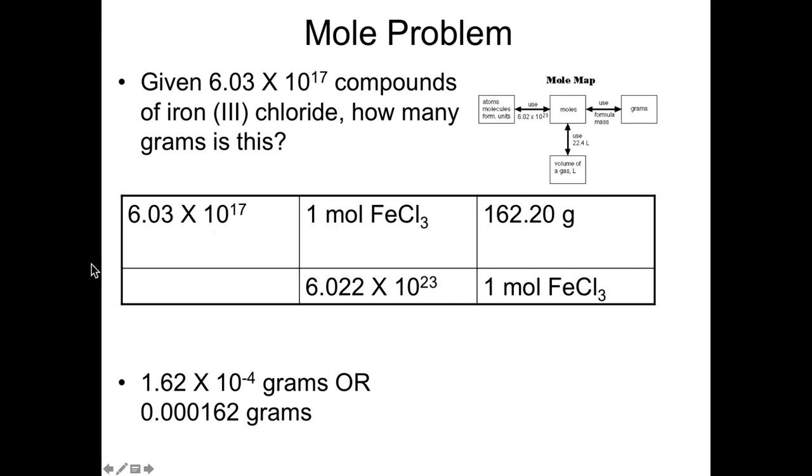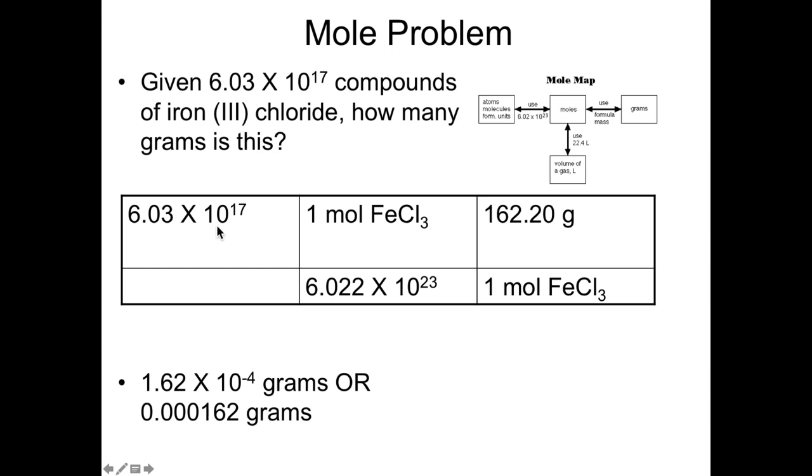Way number 1, enter 6.03 times 10 to the 17th into your calculator. Then you're going to divide by 6.022 times 10 to the 23rd, and then multiply by 162.20 grams. Or the second way to do this is multiply everything on top and divide by what's on bottom.